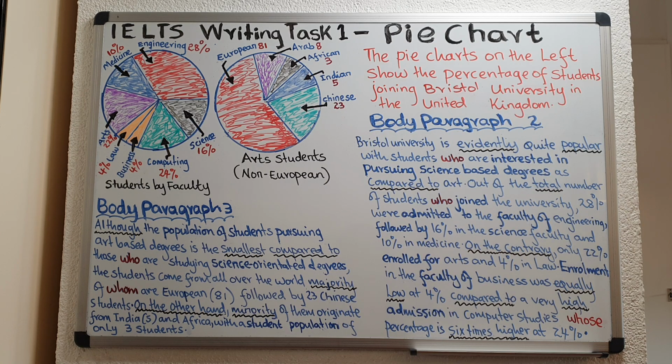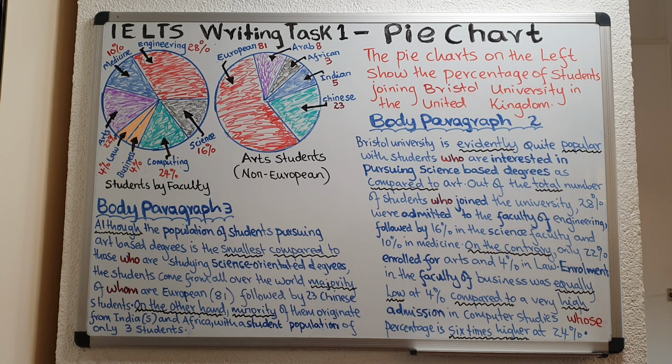Now, how do you write body paragraph 2? The most important thing is to divide your information. You have to make sure that you divide your information. In the first paragraph, which is body paragraph 2, we are going to talk about the first pie chart.